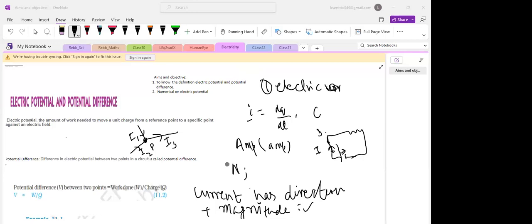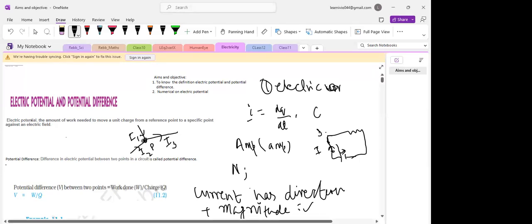Okay. Actually, see, the same directional current will be added. I1 and I2 have the same direction because these two currents are coming towards point P. So I1 and I2 are incoming currents.